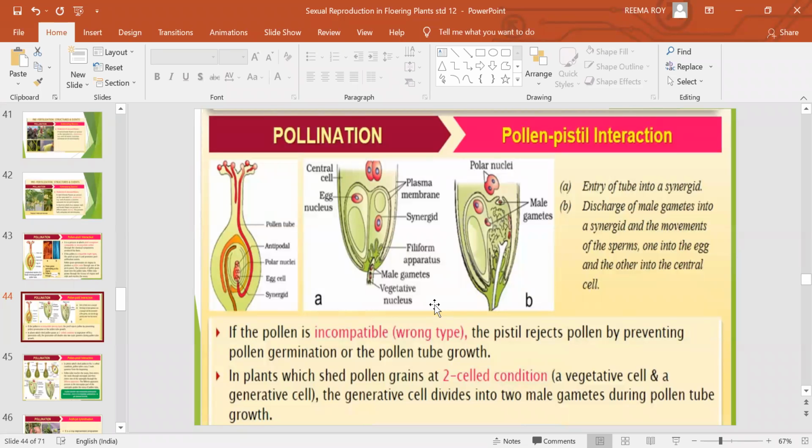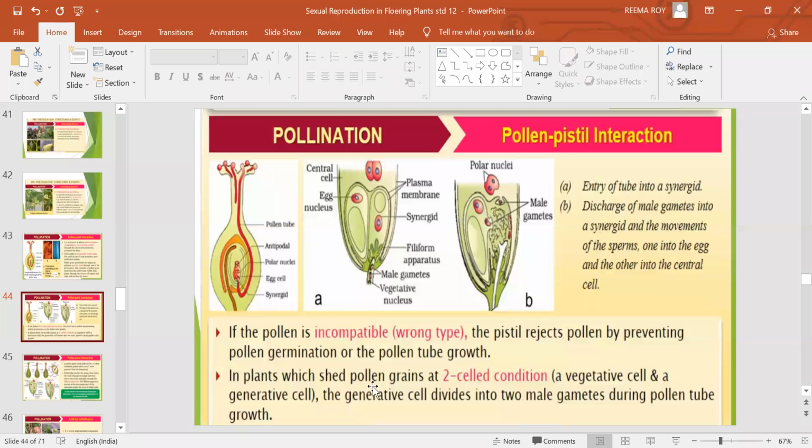So if the pollen is incompatible, the pistil rejects the pollen by preventing pollen germination or the pollen tube growth. जब दोनों compatible है तो ही pollen tube growth होएगा, नहीं तो it won't germinate. Pollen germination will not happen or the pollen tube growth will not happen if it is not compatible.